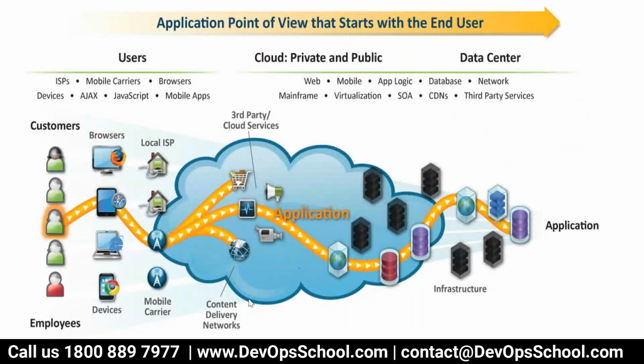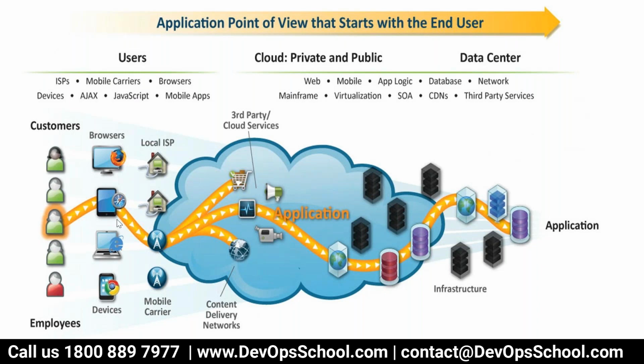So look at this image here. You need to analyze the performance for each request. You have a customer, different devices, different browsers, different internet service providers, different front end, web server, app server, database server, different microservices, third-party gateways, CDN, and your traffic is processed through that, and then you get the response for your application's request.